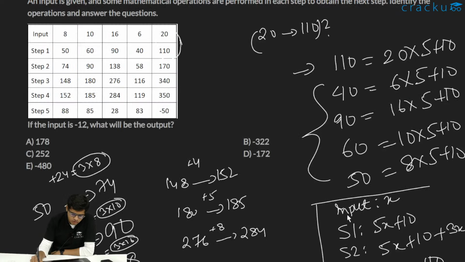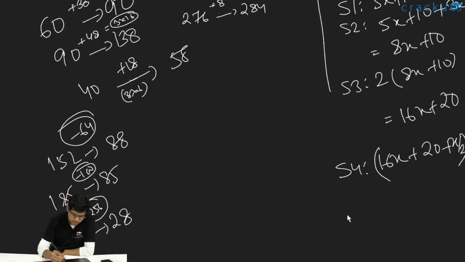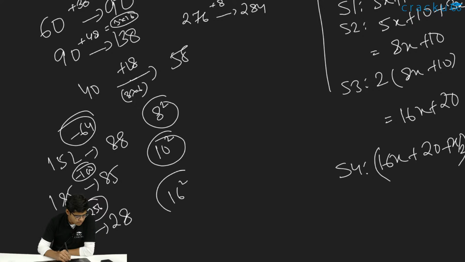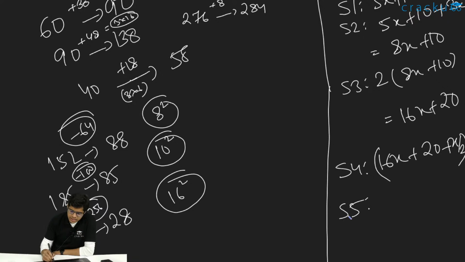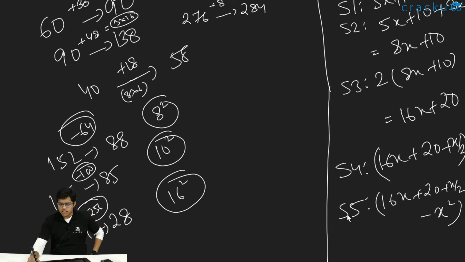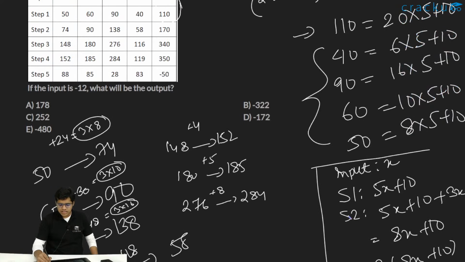What is 64? 64 is 8 square. What is 100? 100 is 10 square. What is 256? 256 is 16 square. Which means step 5 is what? In step 5, what we are doing? We are doing step 4 minus x square. So we have deciphered the logic of each and every step.